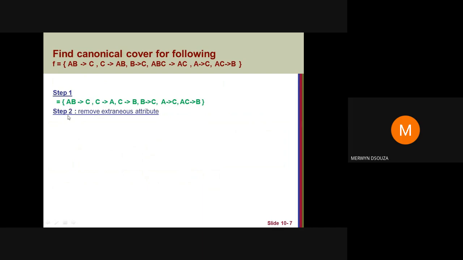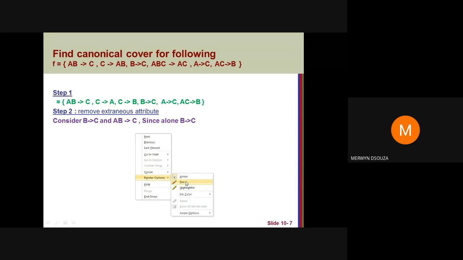Now step 2, you try to remove the extraneous attributes. For example, you are having B determines C, and you are given that AB determines C. You are having both of these.